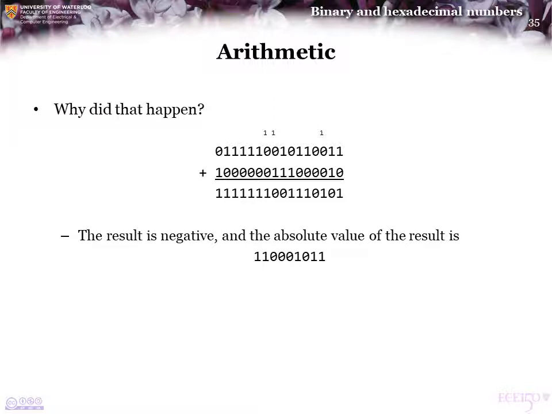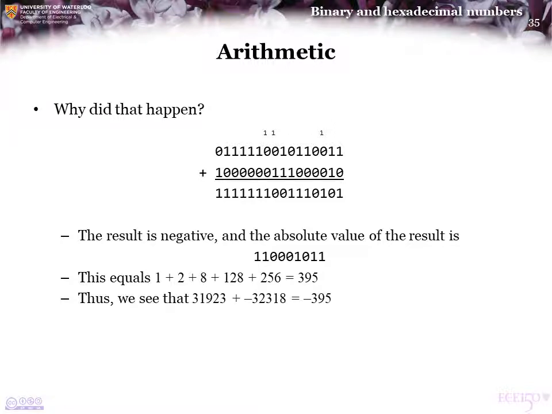Well, the 2's complement of the sum is the value 11,000,1011, and that, of course, represents the number we see here, which is 395, and thus the sum is negative 395.